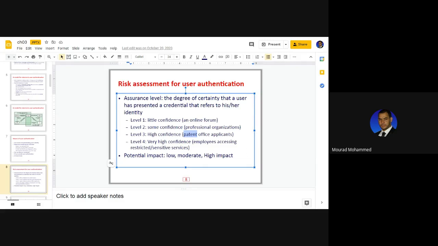Or a very high confidence has to be seen when authenticating parties. Very high. Here we talk about the very classified environments, restricted areas, or sensitive services, like nuclear or medical, pharmaceutical, sensitive work activities or fields.